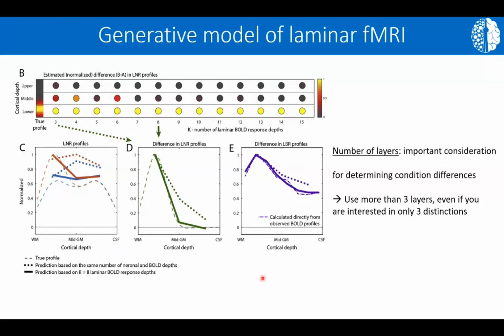And this is showing the same thing, a little bit more complex, but this is after model inversion to neuroactivity. If you look at the blue curve, the original one was more or less flat, whereas the blue curve shows a maximum in the middle layers.